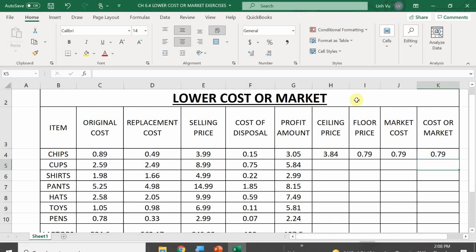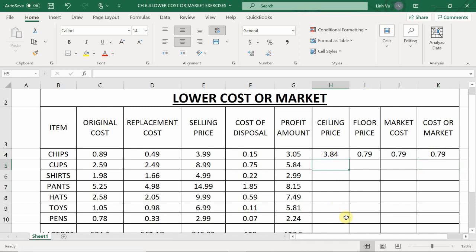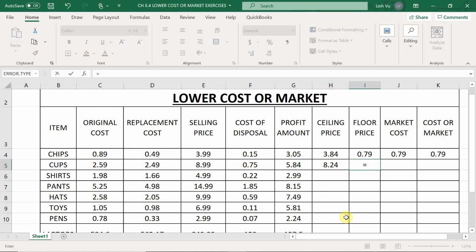Okay. So what is going to be my ceiling? $8.24. Okay, good. What is going to be my floor?